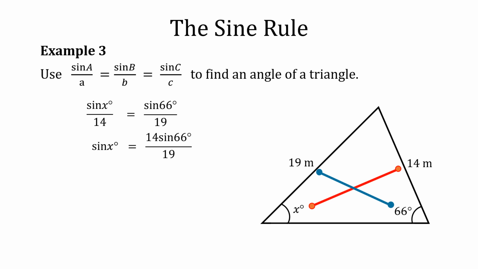So back to the working for this example. After we get this, the calculator gives you this value which you do not need to write down. And on the calculator, using this value, you key in sine inverse of this value. And all you need to write down in your working is the final answer for x.